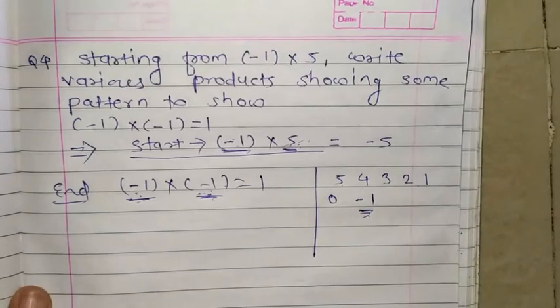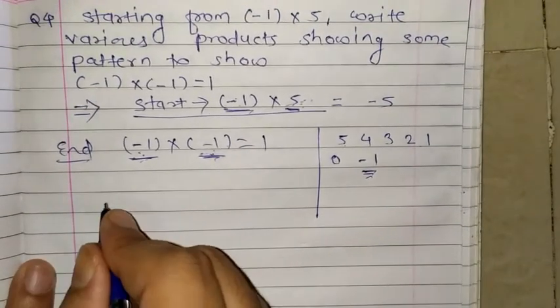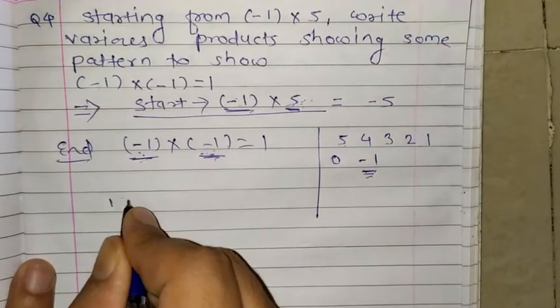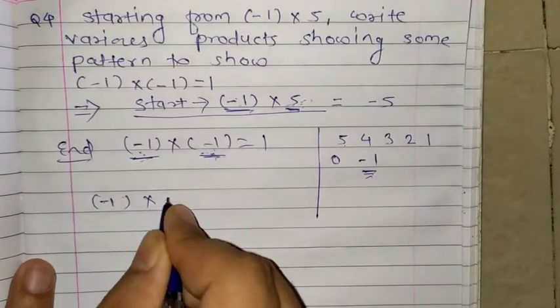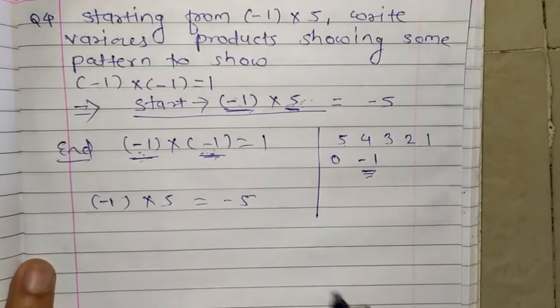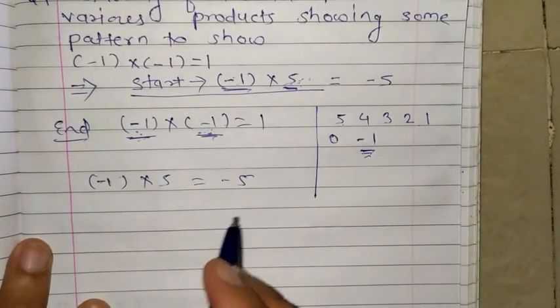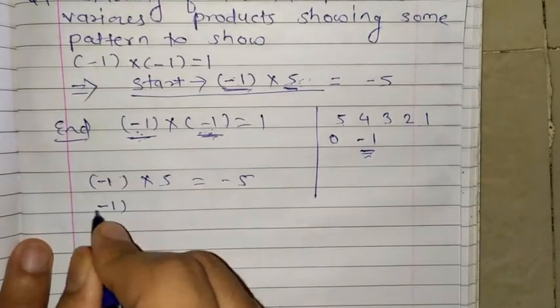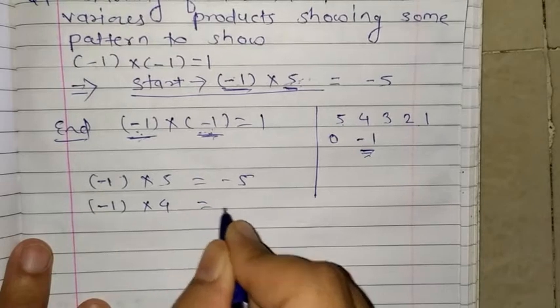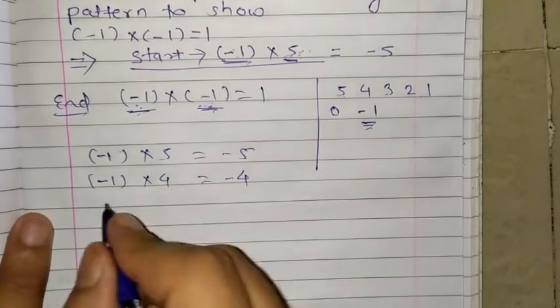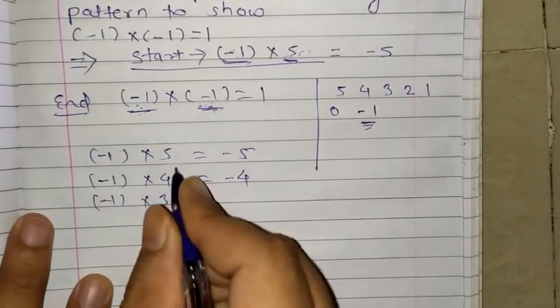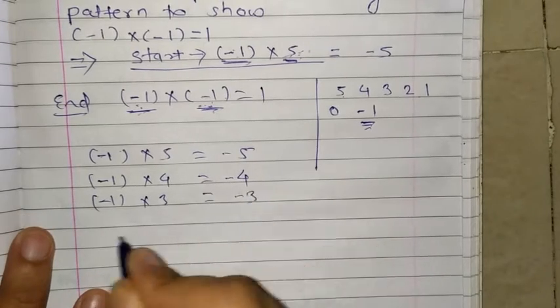We will use this logic for solving this. So the start value is minus 1 into 5 is minus 5, because minus is there an odd number of times. Then minus 1 into 4 we get minus 4. Then minus 1 into 3, again you subtract 1, minus 3.